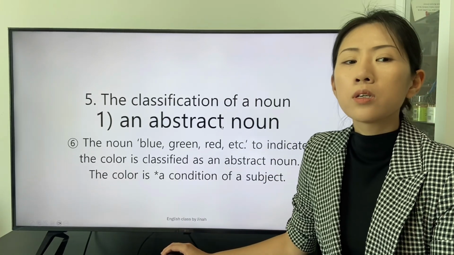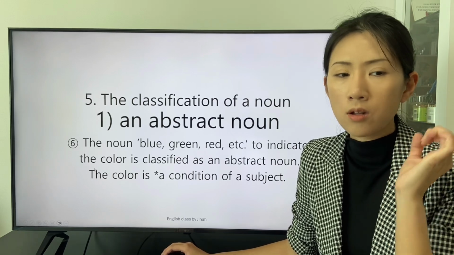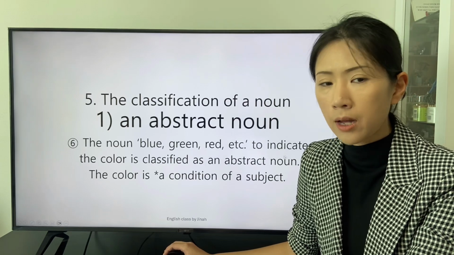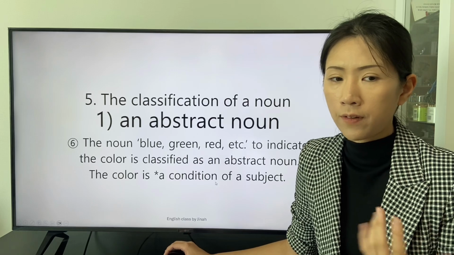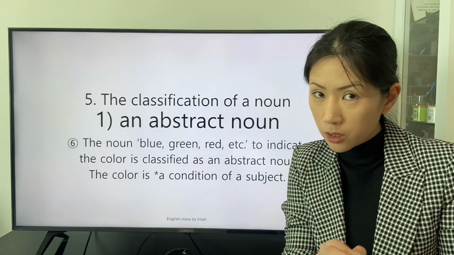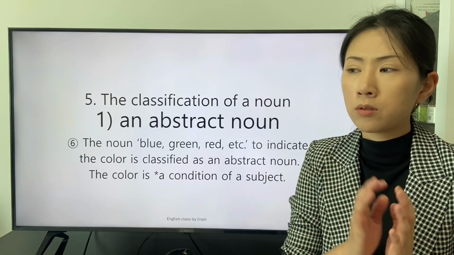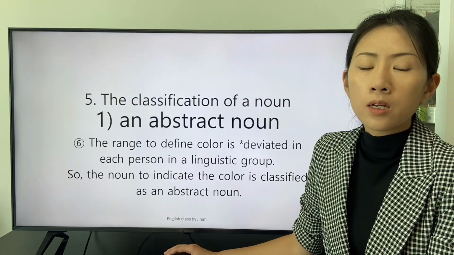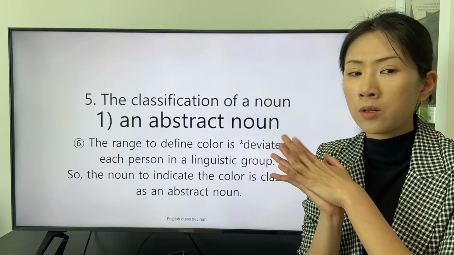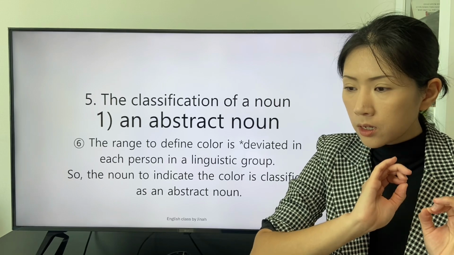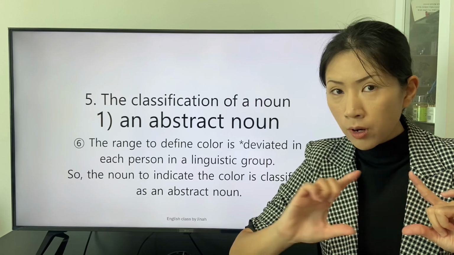The nouns blue, green, red, etc. to indicate the color are classified as abstract nouns because the color is a condition of a subject. The condition is metaphysical. The condition of a subject is about how a subject is. And then the range to define color is deviated in each person in a linguistic group. The color blue can be defined on a spectrum of color.